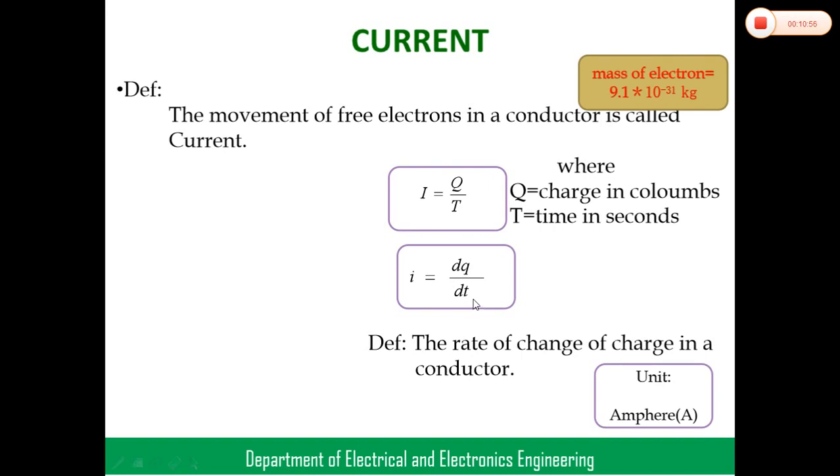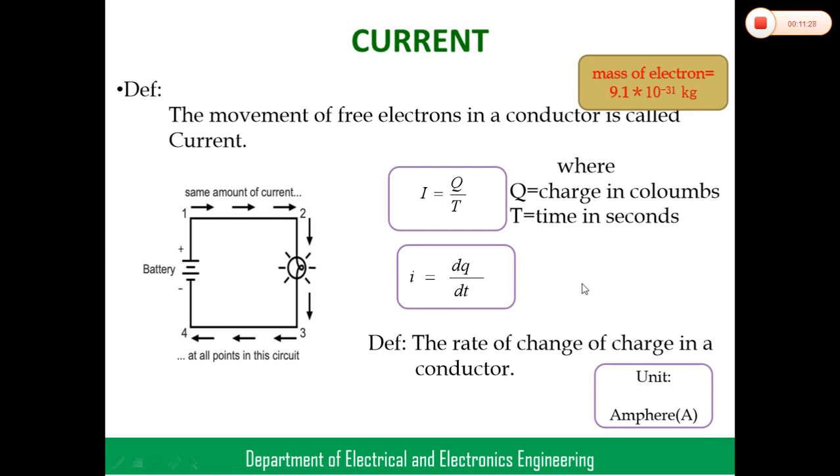Another definition is that the rate of change of charge in a conductor is called current. The unit for current is amperes.